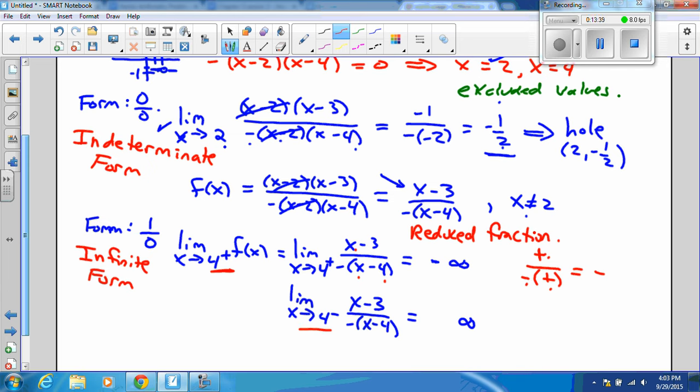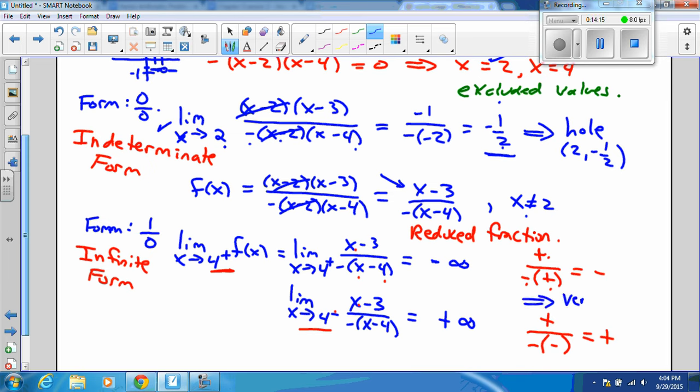If we do the same thing down here for the limit from the left, then, again, my numerator is going to be very close to 1, which is a positive value, 4 minus 3. But down here in the denominator, when I take a number that is close to but less than 4, and I subtract 4 from it, I'm going to have a negative residue left over, and that's going to give me a net positive value, so that I'm going to get positive infinity from the left.